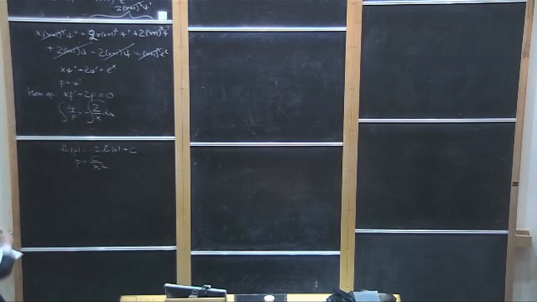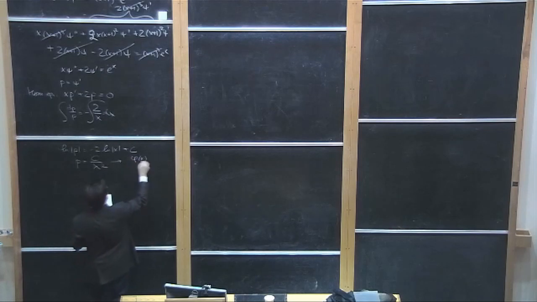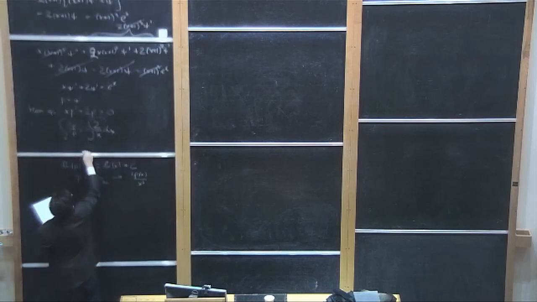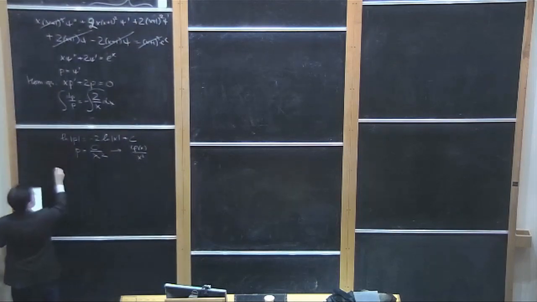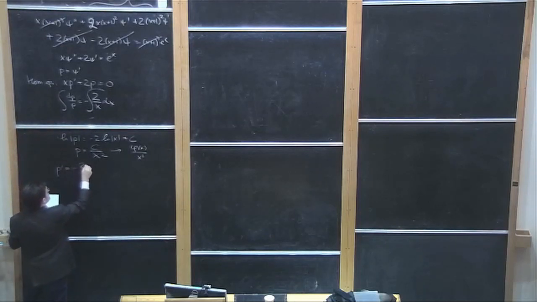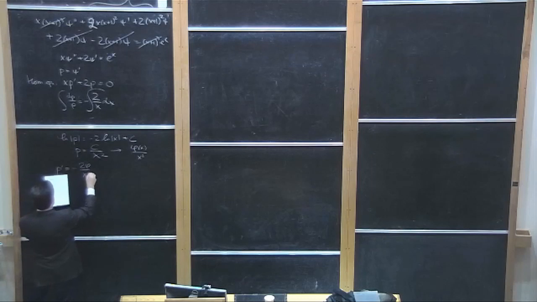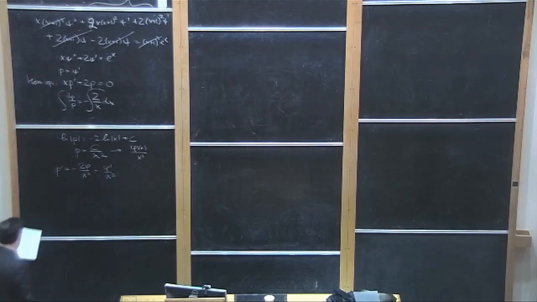But we also have a right-hand side. To solve the inhomogeneous equation, we unleash the constant. So we look for a solution in the form of phi over x squared. We take this and substitute it back into there. So let's see what that will do. p prime is equal to minus 2 phi over x cubed plus phi prime over x squared.